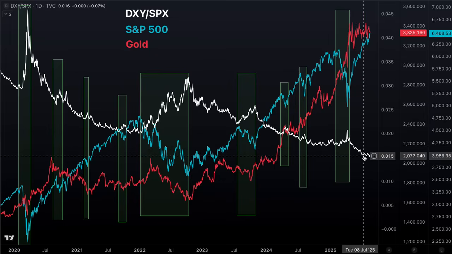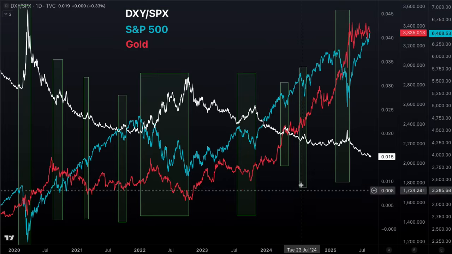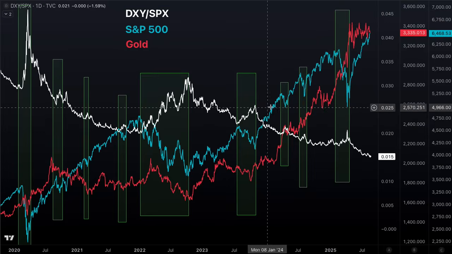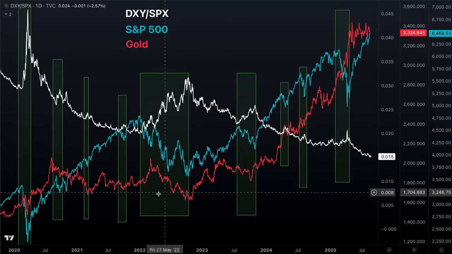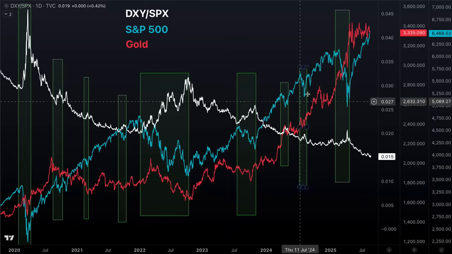So this white line, this chart, we will watch it over the coming months to see if we see a sharp move up in the dollar relative to the S&P, because generally speaking, as we can see from basically every one of these green boxes, it has corresponded to a decline in both gold and the S&P 500.